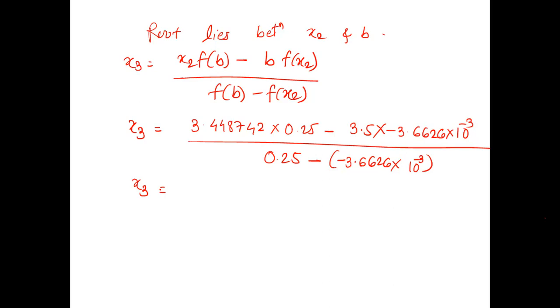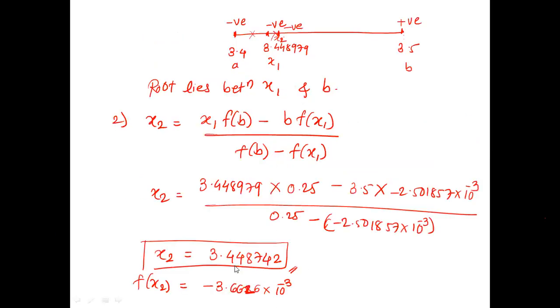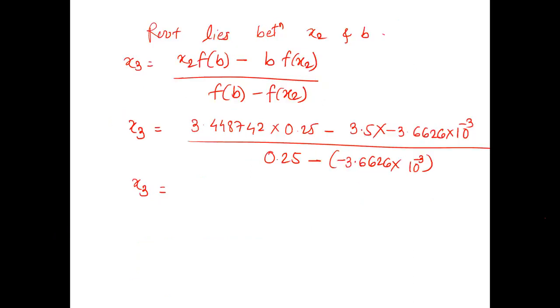Got it? It should be near to this. You should not stray far from 3.4487. If you get 4.something, then that is wrong. It should be nearer. Please solve and tell me the value.